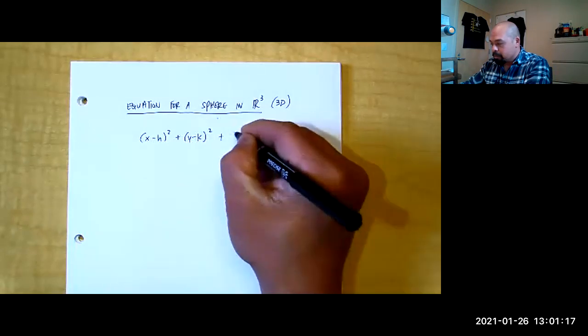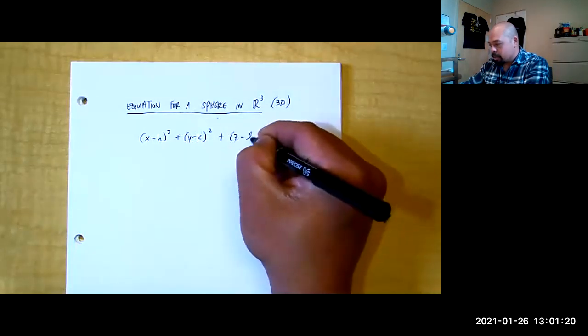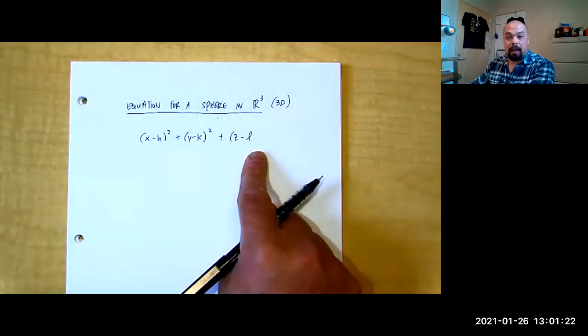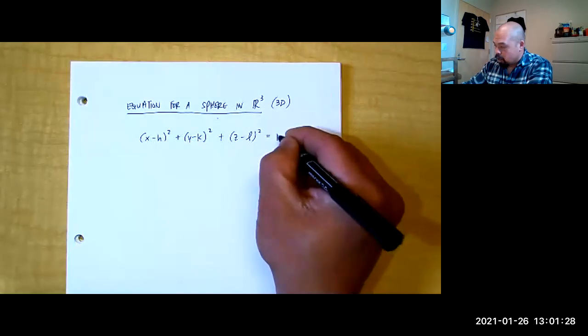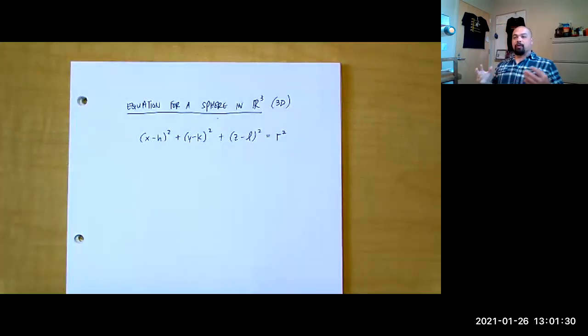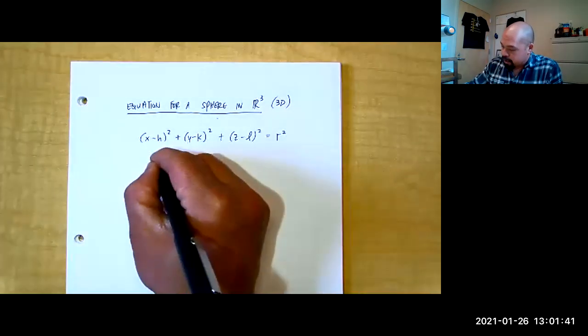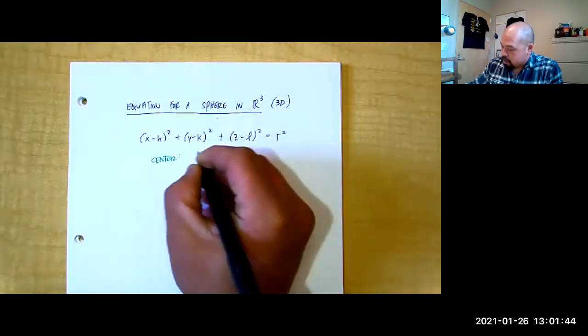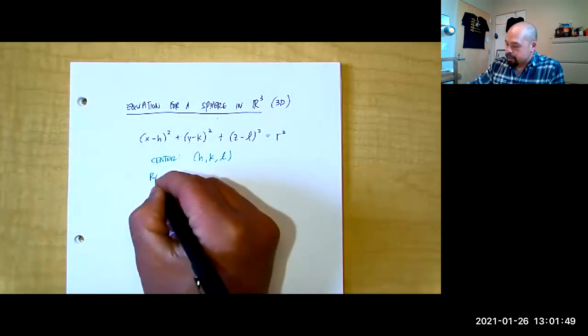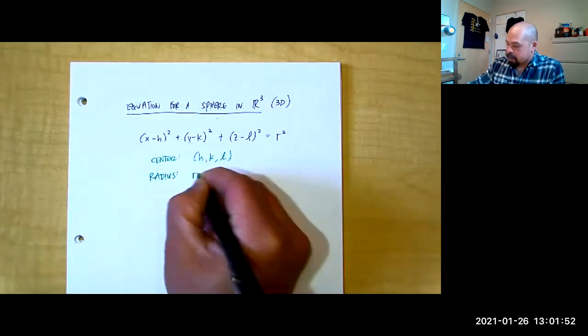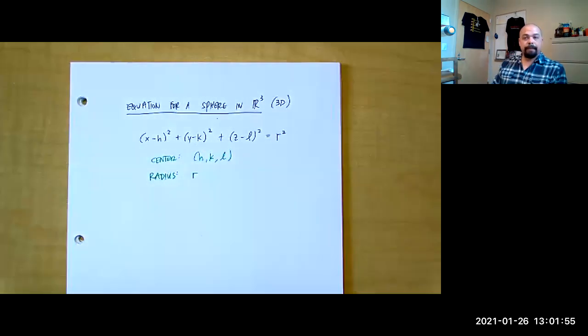But now that we have 3 dimensions, we need a z minus, I'll use my script L, to make it not look like a 1, squared, equal to that same r squared. Even though in 3 dimensions we're not cubing it, it's still going to be r squared, the length of the radius squared, okay? So in this case, we have our center at that location (h, k, l), and our radius r, the square root of that r squared.